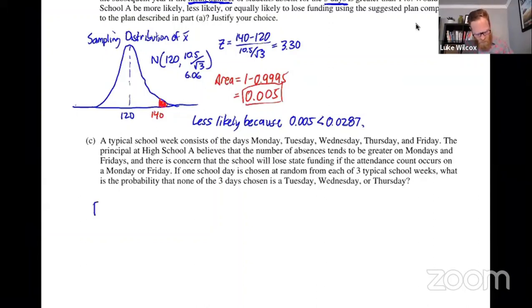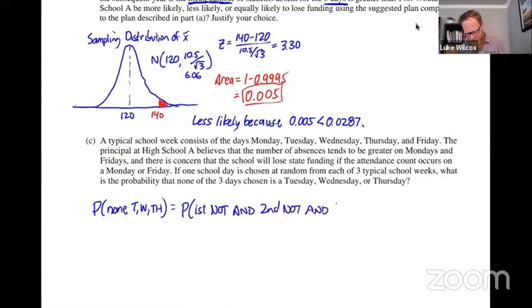So we want to know the probability that none of the 3 days chosen are Tuesday, Wednesday, or Thursday. Well, what that really means is that the first day that is selected is not Tuesday, Wednesday, or Thursday, and the second one selected is not, and the third one selected is not.